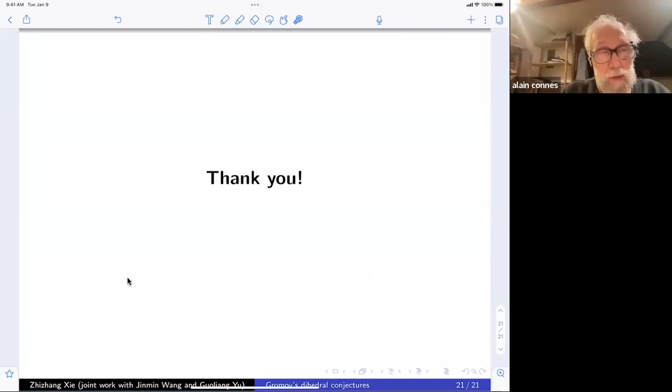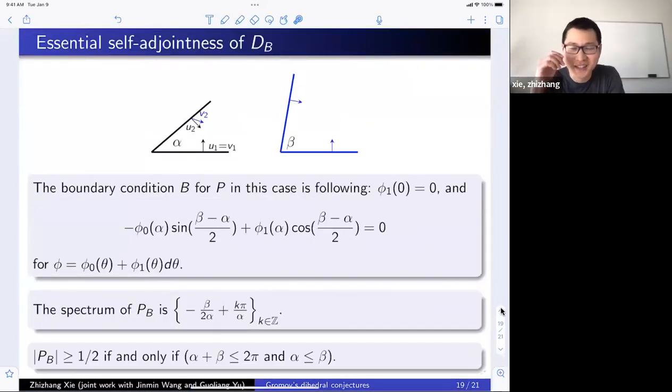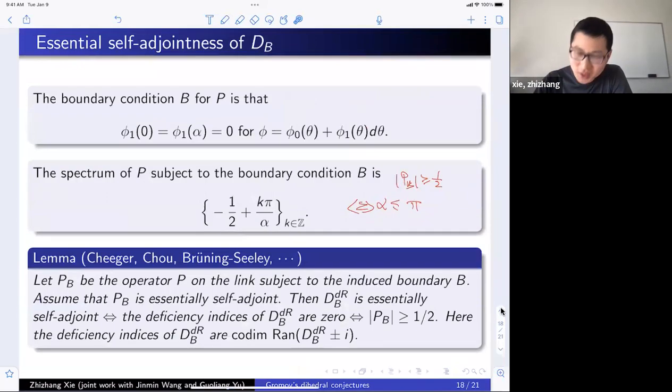I just have one stupid question, which is the following: it could be that your operator is not essentially self-adjoint, but you could find a good self-adjoint extension if the deficiency indices are equal, and if you had some symmetry around, which would allow you to select the right extension. Yes, exactly. In fact, thank you, Alan, very relevant comment.